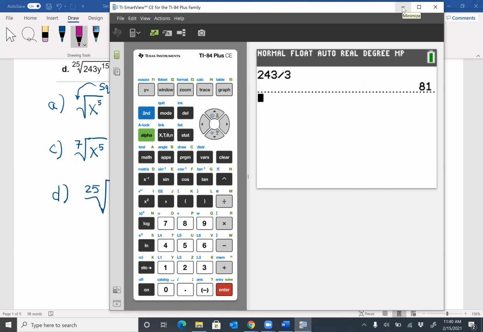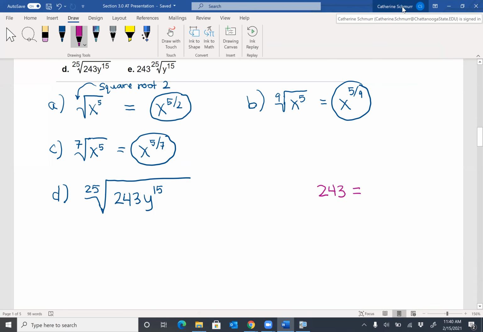So I'm going to make a factor tree for this. I'm going to say 243 divided by 3 is 81. I know that 81 is 9 times 9. And I know that 9 is 3 times 3.